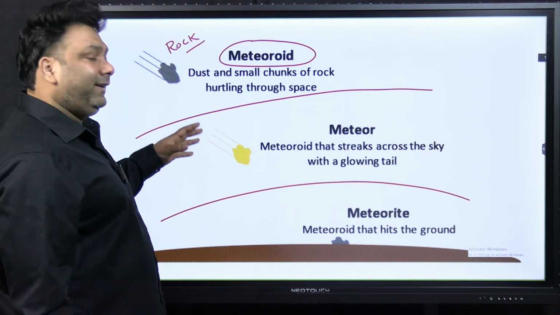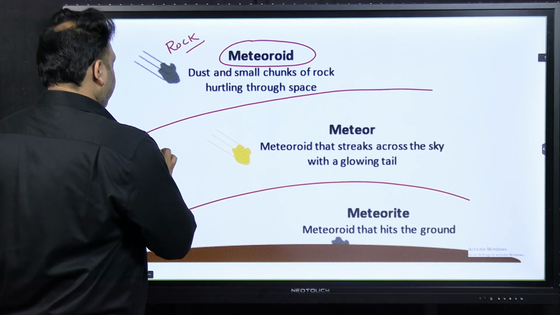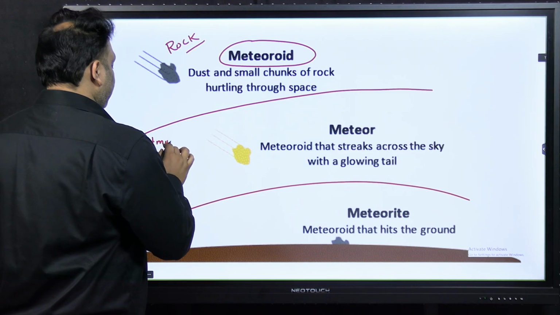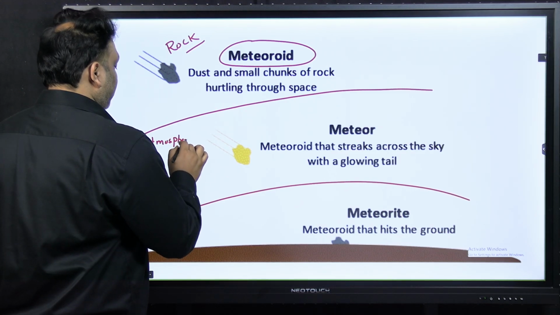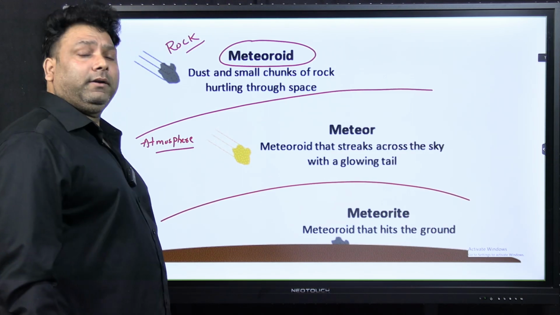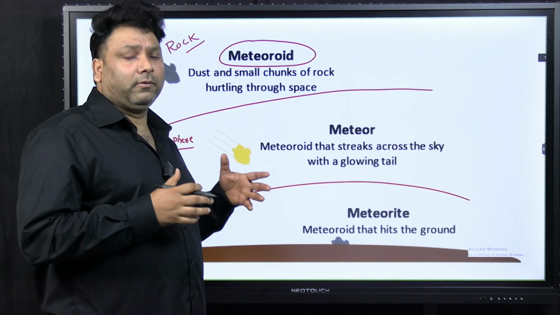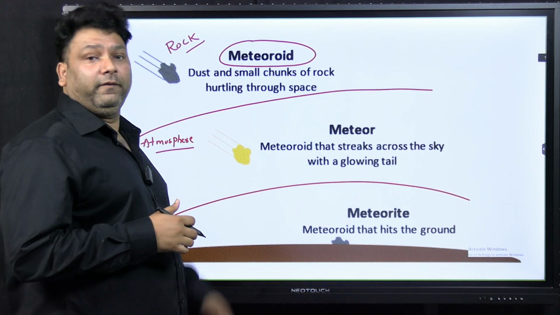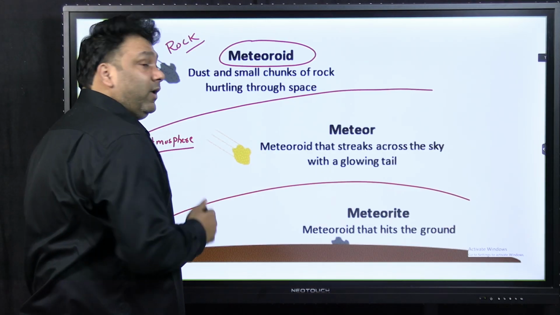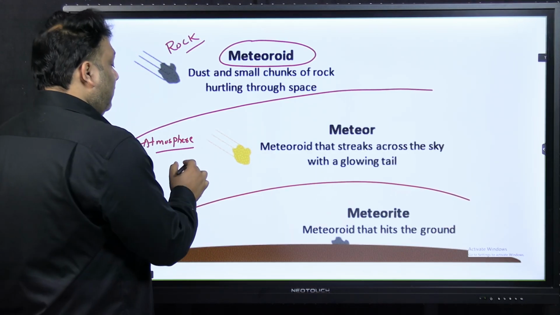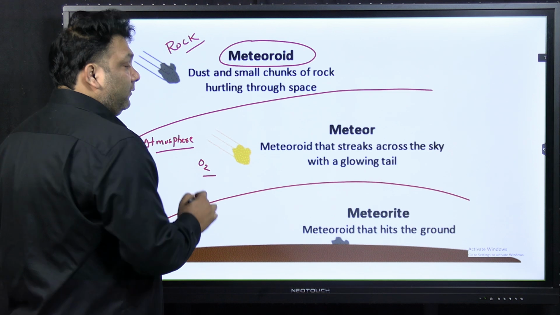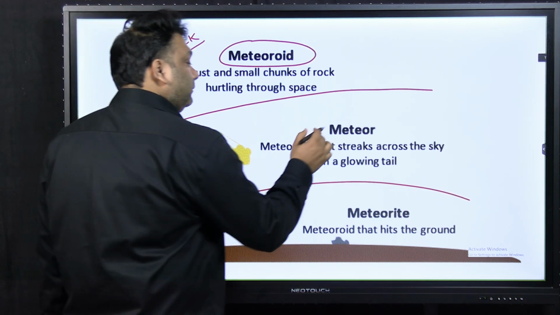And as soon as it enters the atmosphere, since it is coming at hypersonic speed, it will generate a lot of friction. And because of the friction, it will burn with the help of oxygen. So it becomes a meteor.